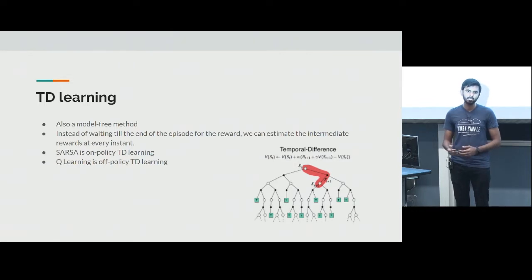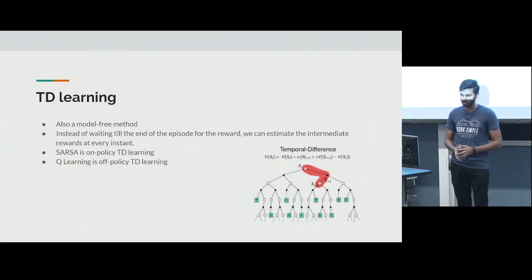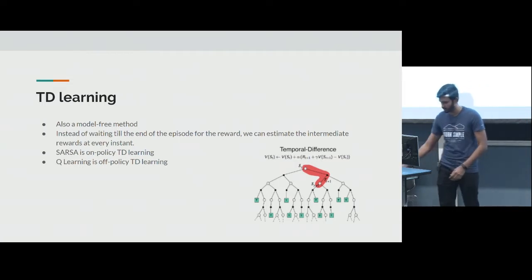On policy means that as you execute the actions and you end in newer states, you learn continually from that experience, and one such algorithm is SARSA. Or you could do it in an off-policy manner, like Q-learning, which Aishwarya will talk about in a short while.